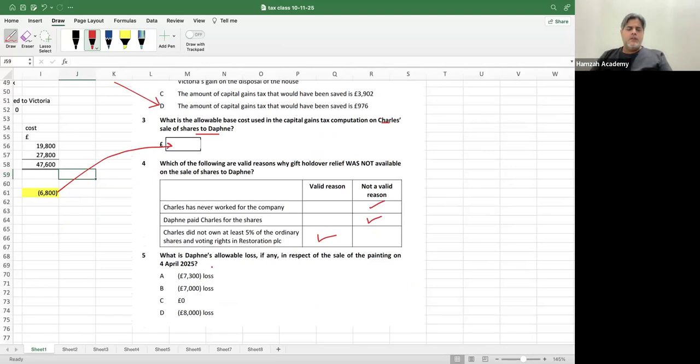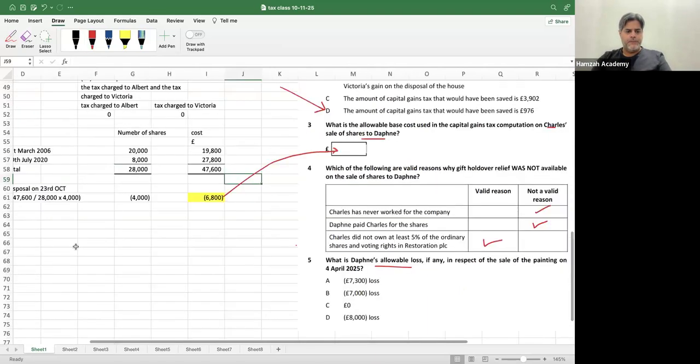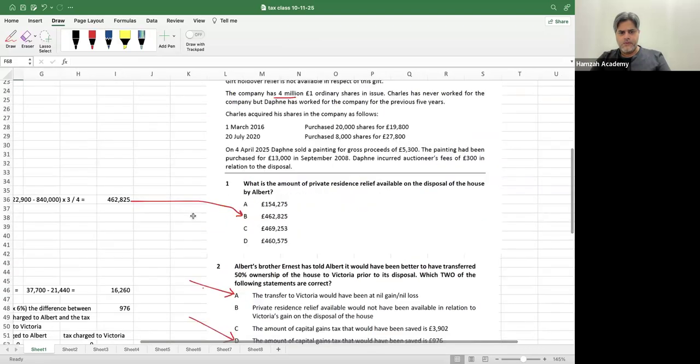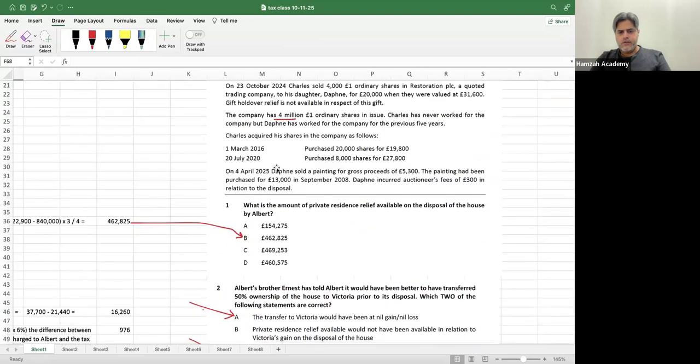Then, what is Definite's allowable loss, if any, in respect of the sale of the painting on the 4th April? Now, for the sale of the painting in April 2025, the painting sold has gross proceeds of 5,300.